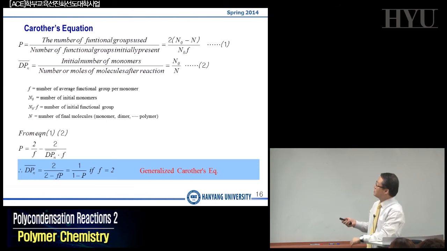So 2 times N0 minus N, divided by N0 F, is the extent of reaction.